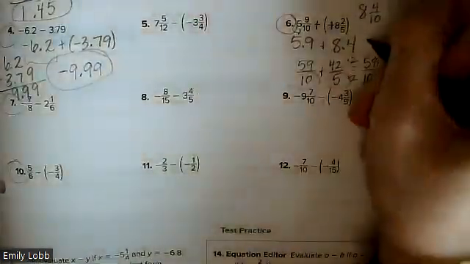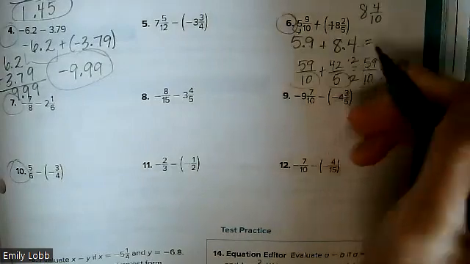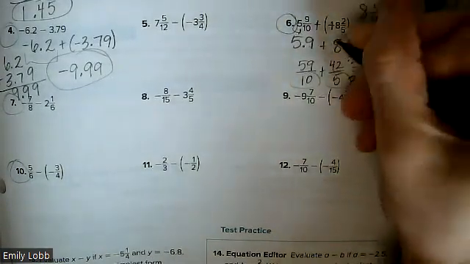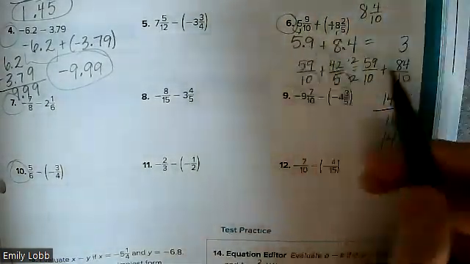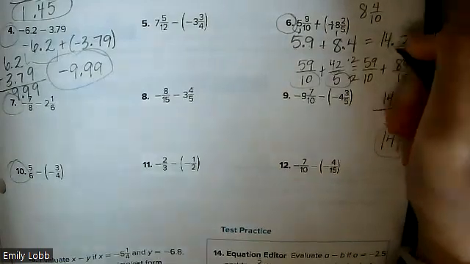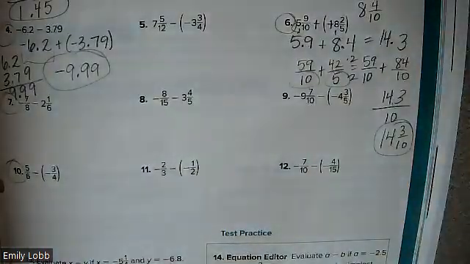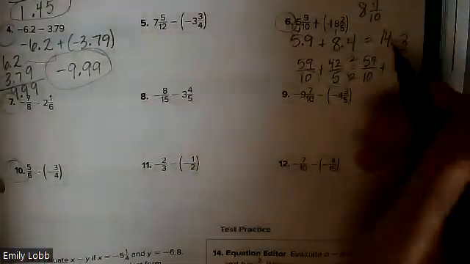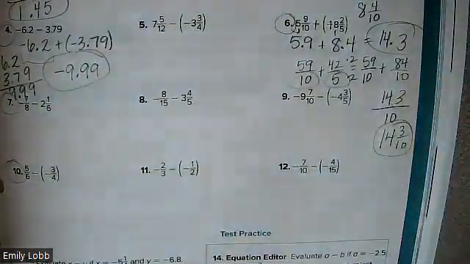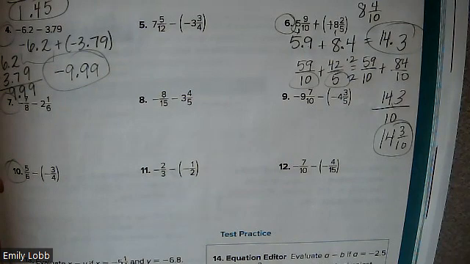If you put this into a calculator, 9/10 and 4/10 is 13/10, carry the 1, 9 plus 5 is 14, and 3/10. So either way, you should get one of those two answers, okay? Questions, concerns? You can definitely turn those into decimals because they are terminating decimals.